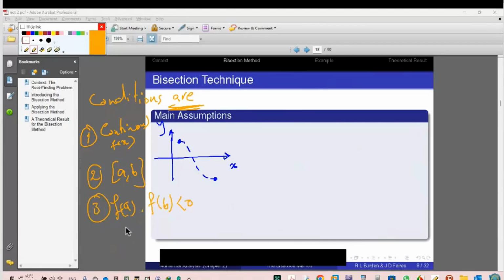Why? Because one should be positive and the other negative. Positive with negative usually gives me negative. If both are positive or both negative, that means it's not correct. Now let's check this. Is it correct or not? See here, this is discrete, so I cannot use the bisection method. Second case.